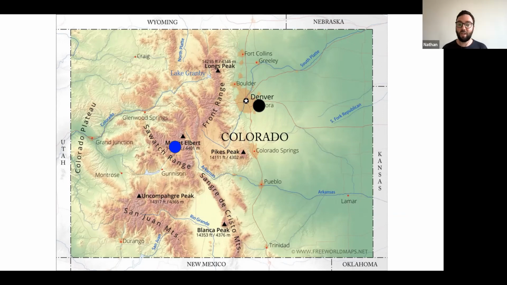Colorado has some really interesting geography and geology, with the Rocky Mountains running through the western half of the state. I've picked 2 locations in Colorado that have long-running weather stations where they've been collecting temperature data for decades. The one in black is in Denver at the Denver International Airport, and the one in blue is in Crested Butte, a really pretty place up in the mountains.